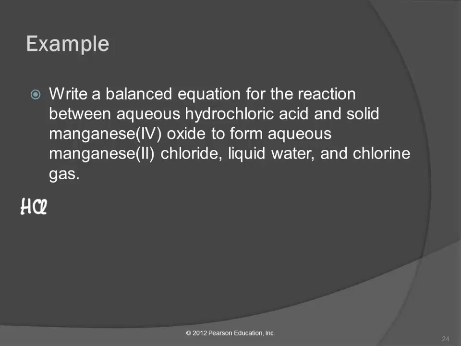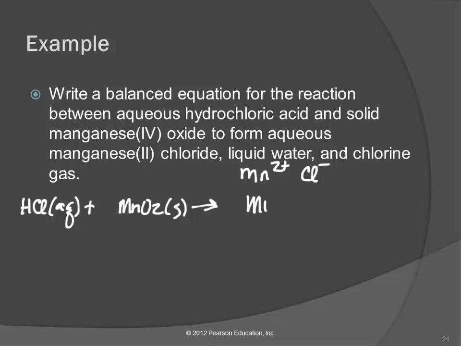HCl aqueous plus MnO2 solid goes to, now we've got manganese 2 chloride, manganese 2+, and chloride forms a -1. So that is MnCl2.